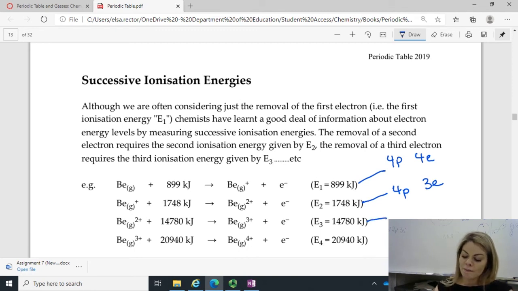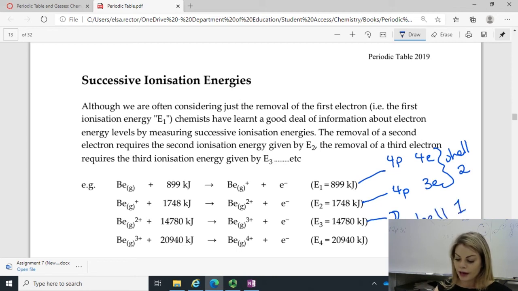Why is the next one massive? Yes, it's closer. So this is from shell 2. These two are both from shell number 1. Okay?